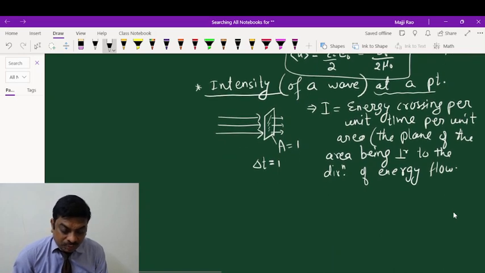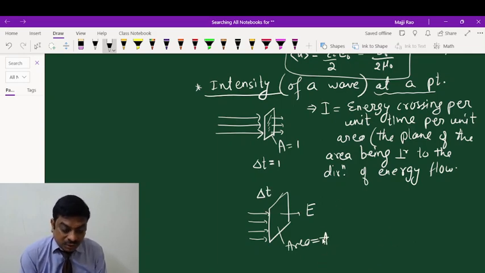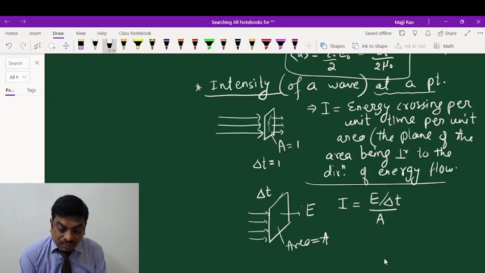Alright. So now suppose you have an area A here. Let us say area A with its plane perpendicular to the direction of flow of energy. Energy is flowing like this. Let us say E energy flows during a time interval delta t. Then we can write intensity as the energy flown per unit time per unit area. Energy flowing per unit time is also the power.